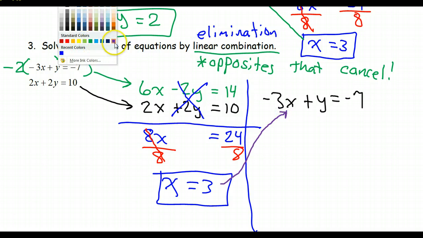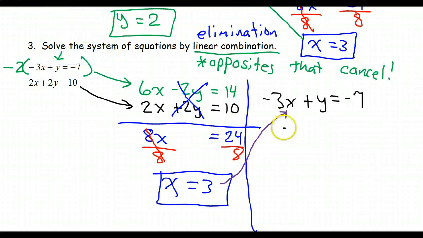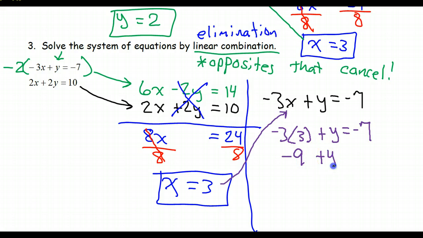So this will be negative 3 times positive 3 plus y is equal to negative 7. So that's going to give me negative 9 plus y is equal to negative 7.